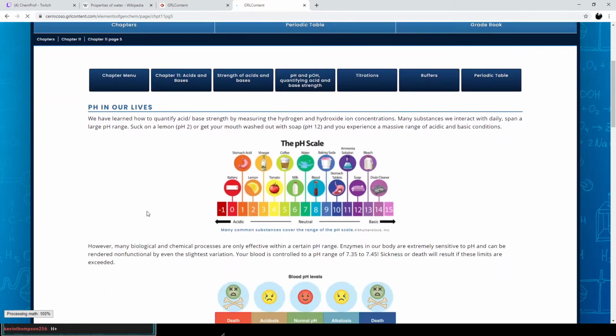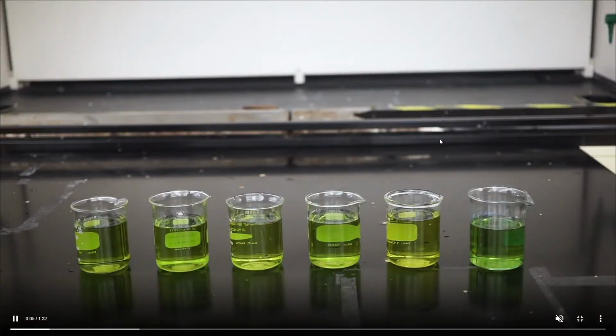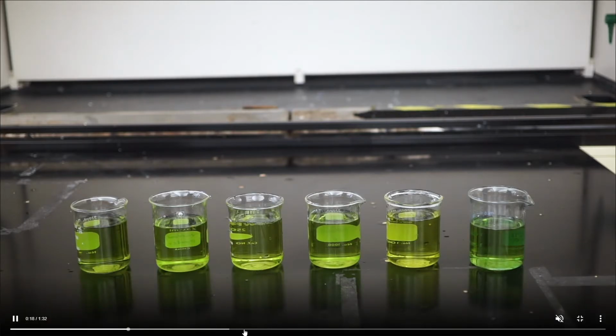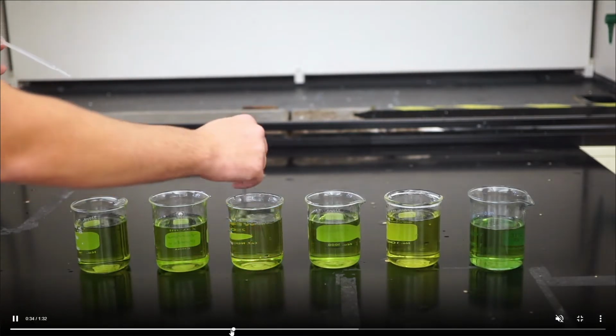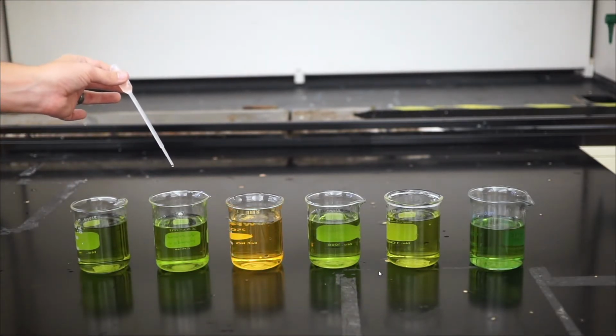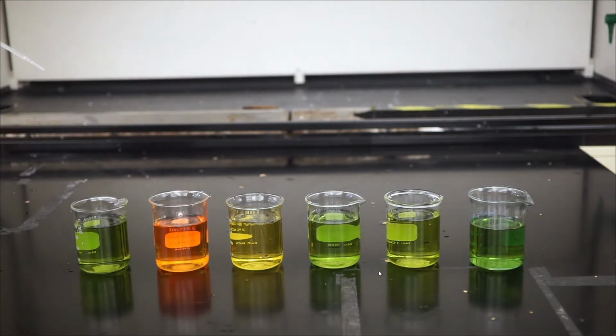Buffers. Okay, so here is an example where I have a solution of just a universal indicator that's going to change colors when we adjust its pH. To these solutions, I'm going to be adding either hydrochloric acid or sodium hydroxide. And we're going to be able to see what's happening here. Okay, so here's our first drop of acid. It changes to yellow. If we put 2 drops of acid, we get this orangey color.